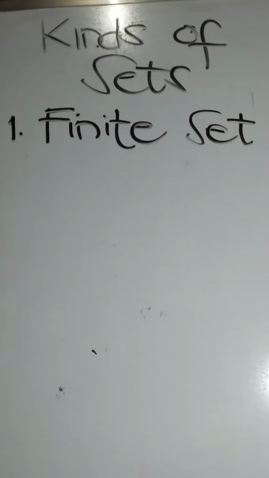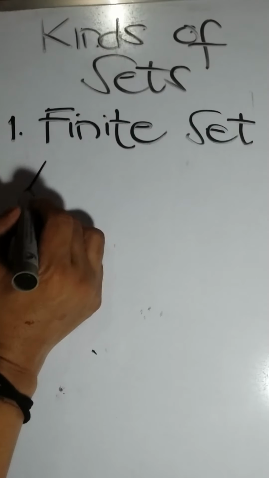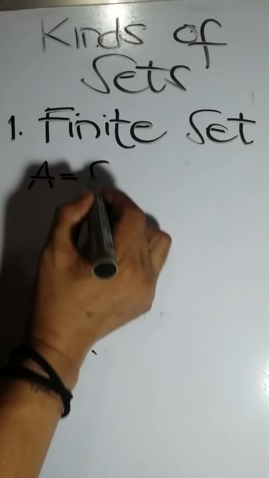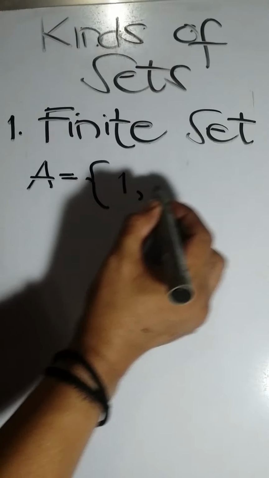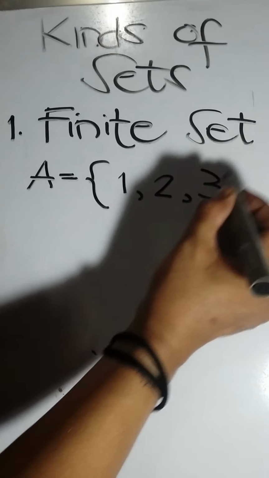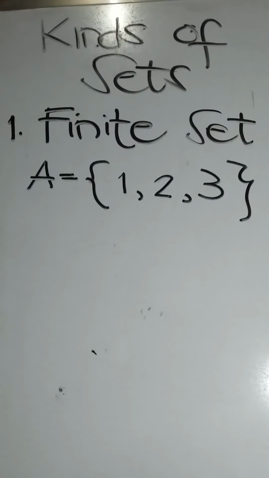So, a finite set is a set wherein you can completely list all of its elements. So, example, set A is {1, 2, 3}. Set A is an example of a finite set kasi mabibilang mo kung ilan ang elements niya.